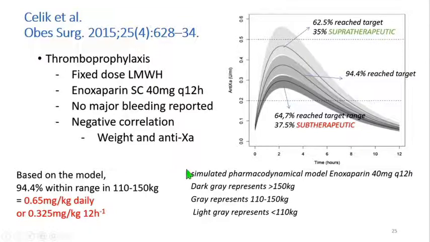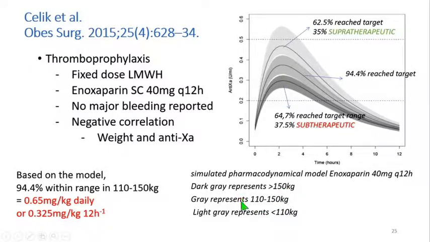There was clearly a negative correlation between anti-10A activity and total body weight. And based on the data, the authors were able to make a pharmacodynamic model, and they simulated their patients, and they divided them in 3 groups: less than 110, between 110 and 150, and more than 150 kilograms.